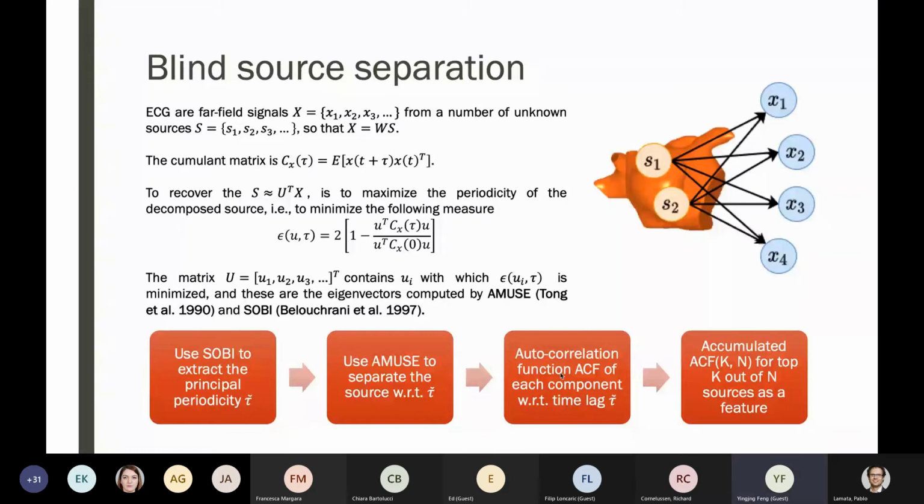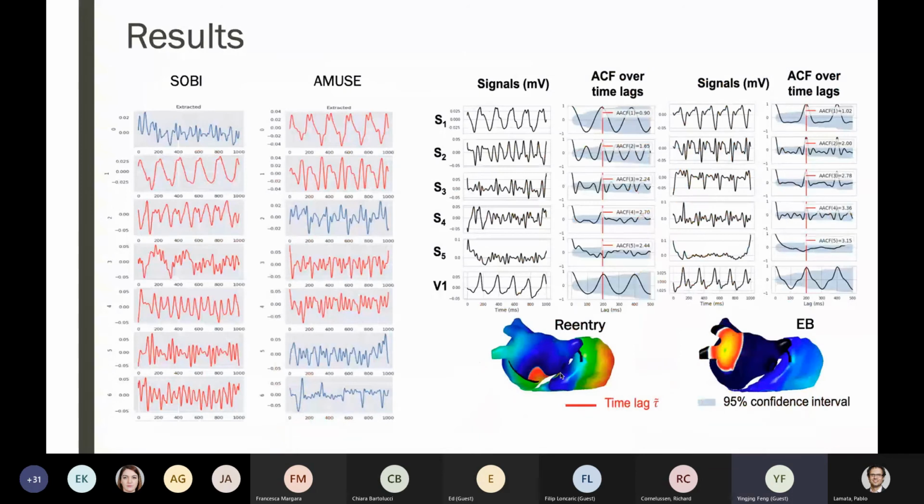An example will be: given a source, use Solvi to first extract them into different spectrums of periodicity, and because each source is correlated with an eigenvalue, the largest means the most significant.